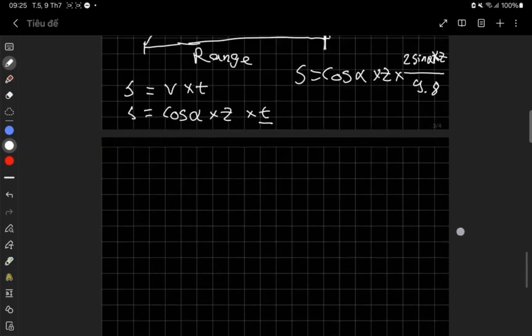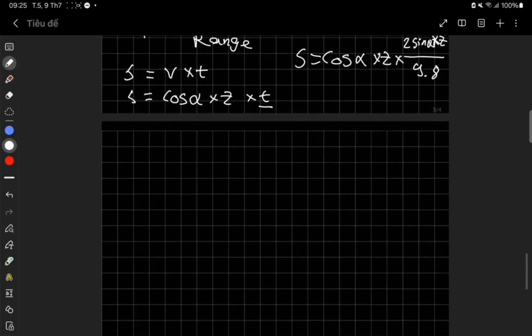And the math is more difficult and a lot more complex when you try to simplify this down.